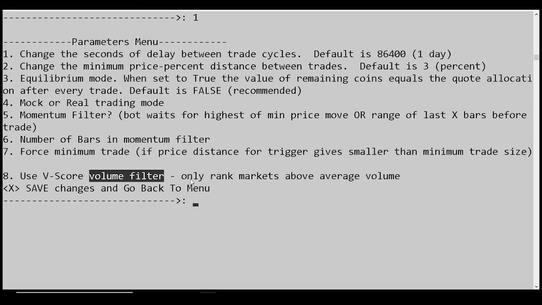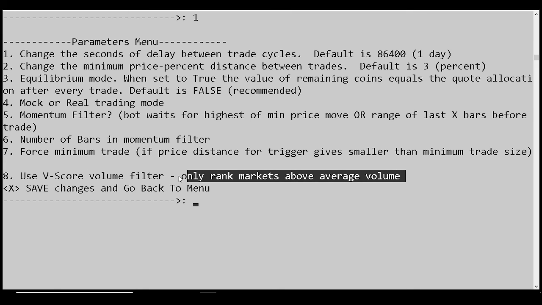The volume filter will ignore all of the markets that are lower than average volume and only consider the markets above average volume. And volume just means how much money is moving through these markets being traded on a daily basis. You have the best chance of order execution on high volume markets.